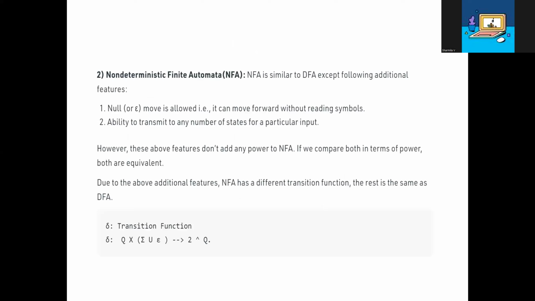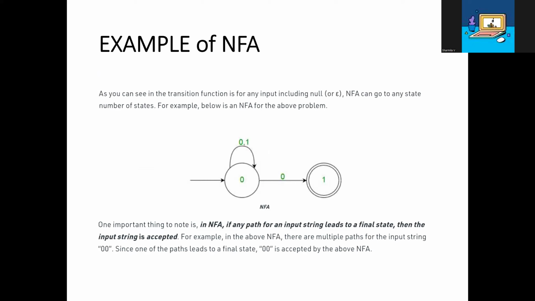Next is non-deterministic finite automata. Again, here the tuples are Q, sigma, q0, F, del. The only difference is the del transition. The del transition is Q cross sigma union epsilon tends to 2 power Q. Here the difference is that it allows the null transition. With any input, including null, we can move from one state to another state.